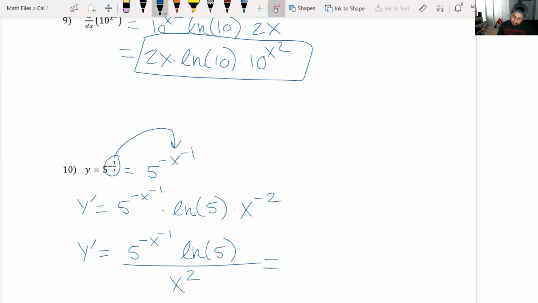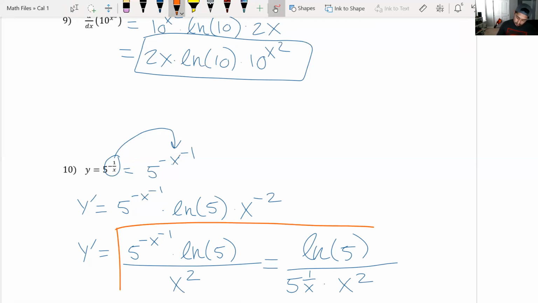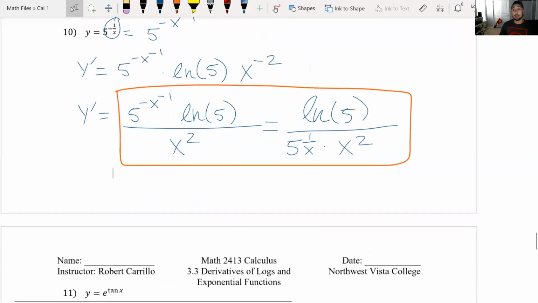Or maybe even just the natural log of 5 over 5 to the 1 over x times x squared. Either or.